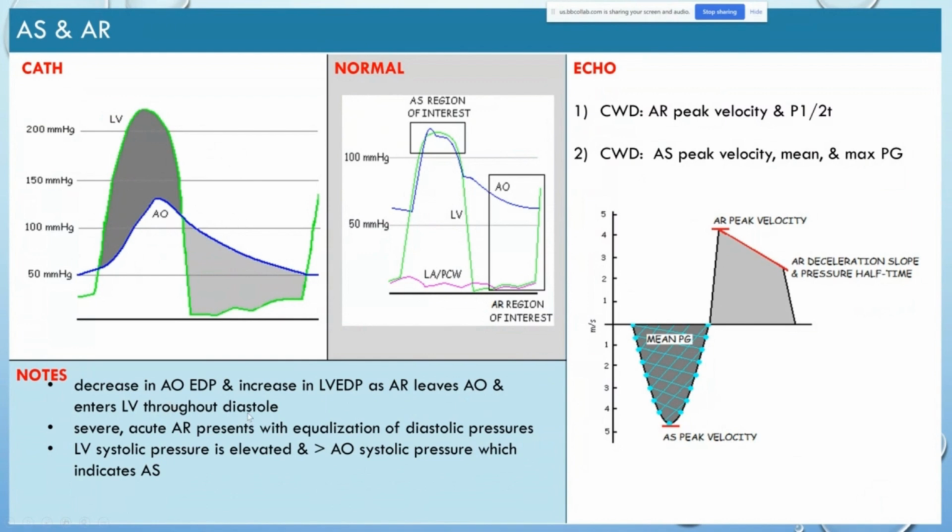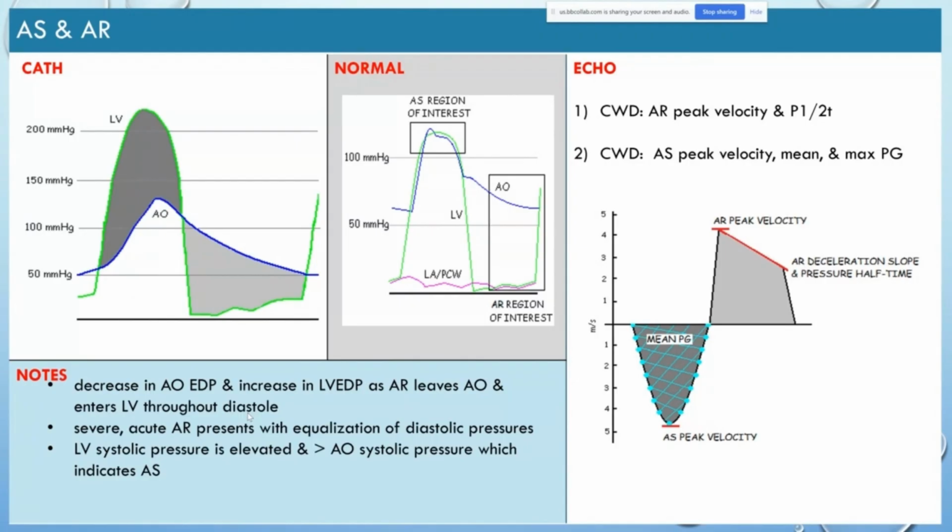Now, whenever you have severe acute aortic regurgitation, there's going to be an equalization of the diastolic pressures. So the pressures in diastole are going to equalize, and the LV systolic pressure is going to be elevated, and it's going to be greater than the aortic systolic pressure, which means that the person has aortic stenosis.